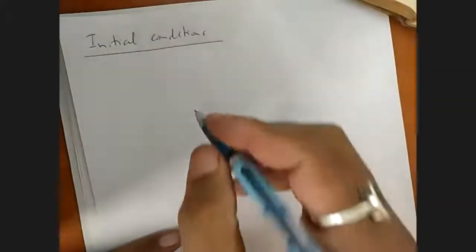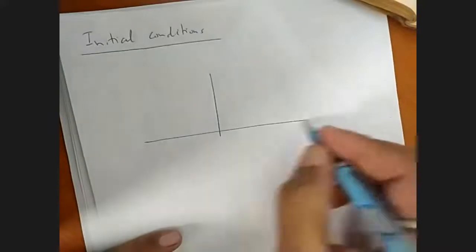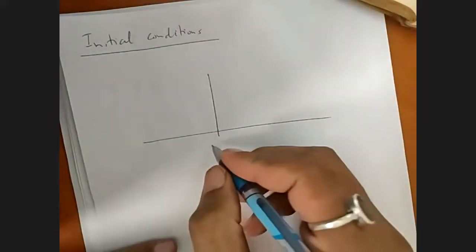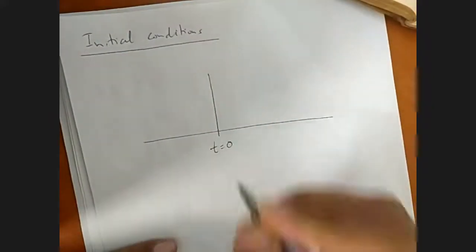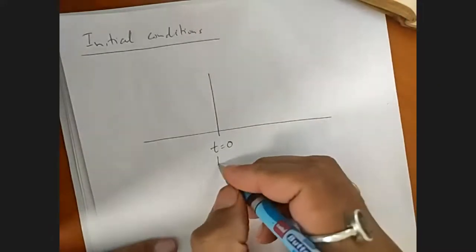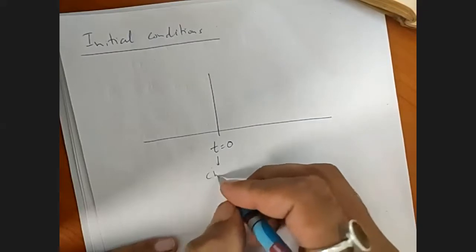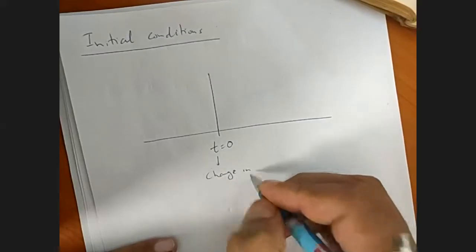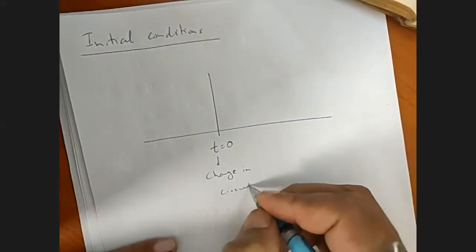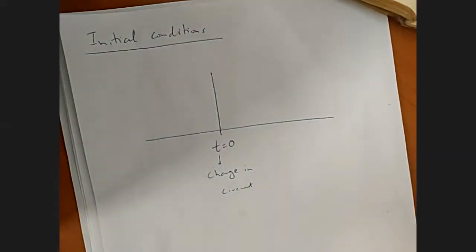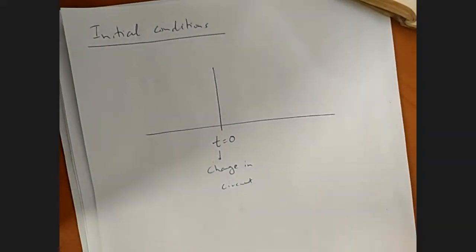So when we are talking about initial condition, we are considering that at any t equal to 0, there will be a change in circuit.